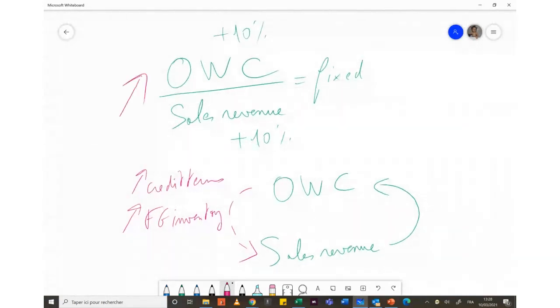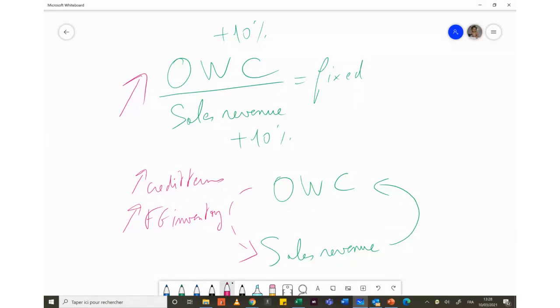So with this ratio, you can check we are not using the credit terms to the customers and the finished good inventory in order to try to increase the sales revenue. Because normally, if you increase your sales revenue, it's because you have the good mix between selling price and sales volume in function of the price elasticity, and because you have good salesmen that they have the capacity to sell your product. And of course, you have a good product.